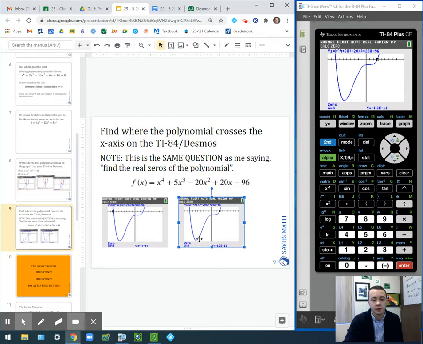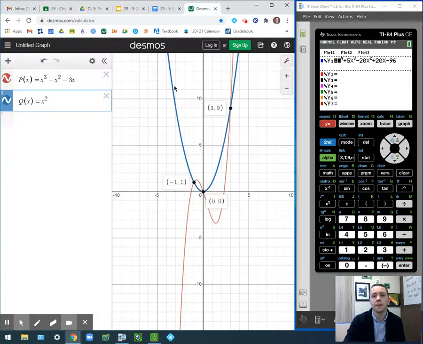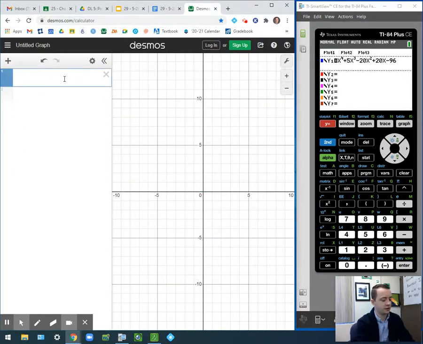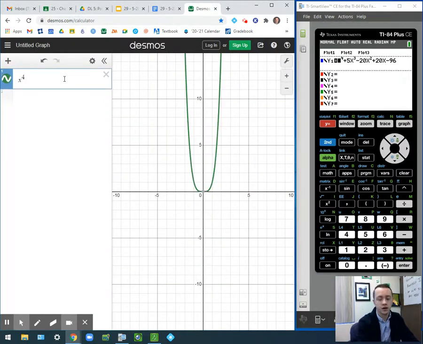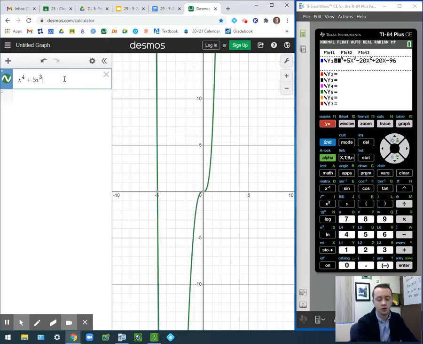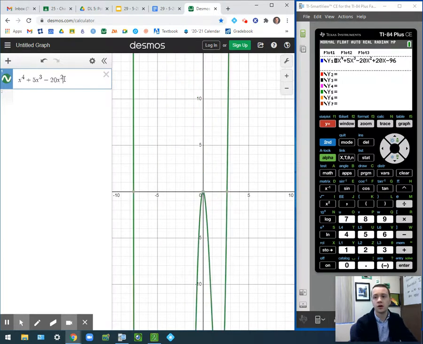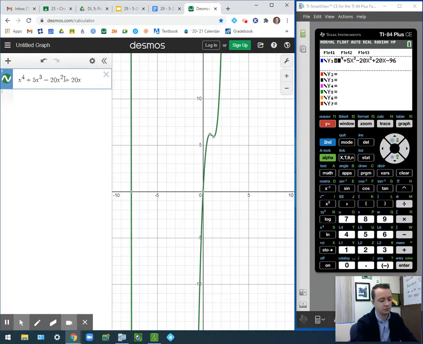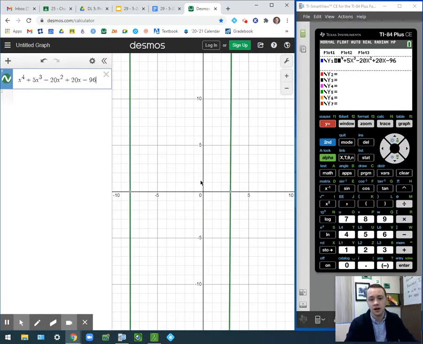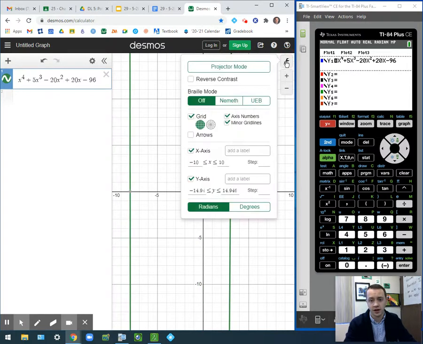We're going to use that information in just a second, but I want to show you this on Desmos also. So I'm going to type in the same function on Desmos: x to the 4th plus 5x cubed minus 20x squared plus 20x minus 96. And now I can adjust my window again like this.